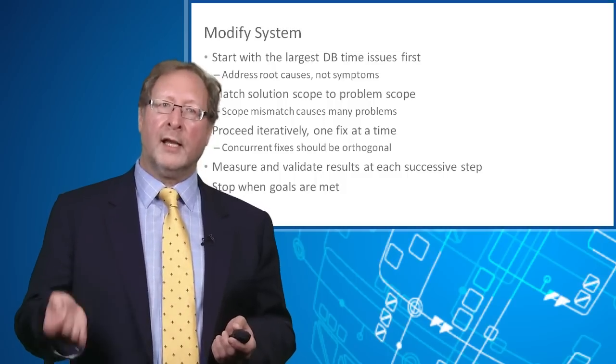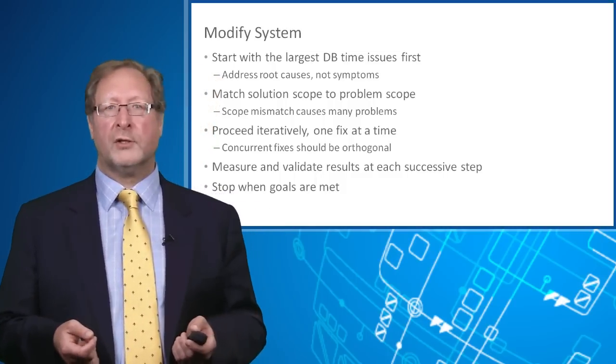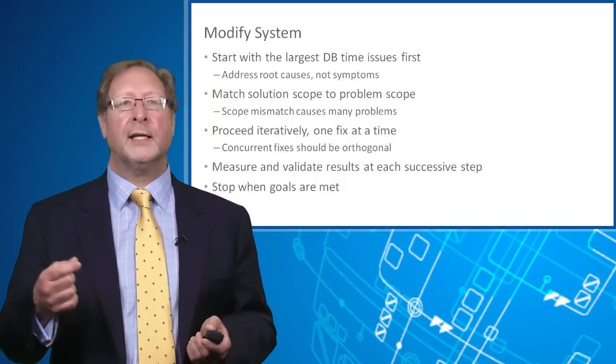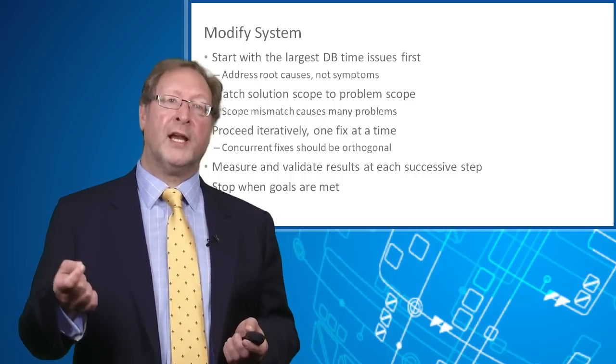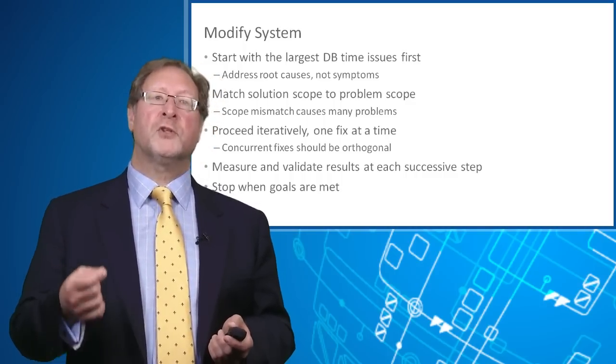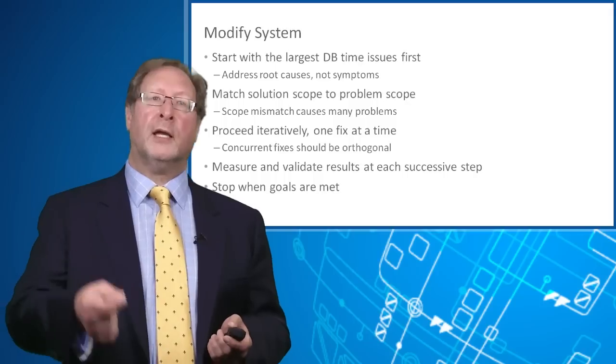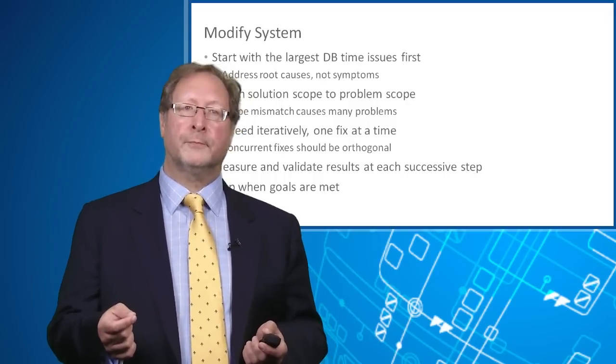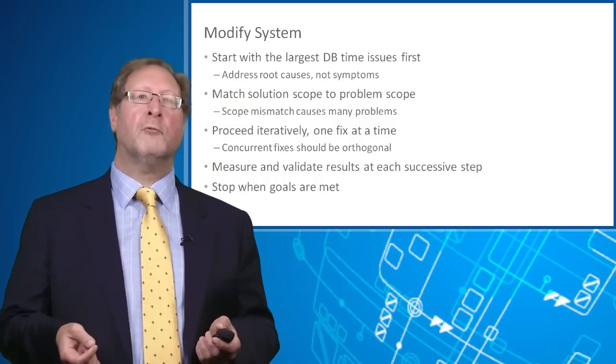A classic example of that is on systems that are CPU bound, we will often see latches and mutexes coming up as the top wait events. Right? Those are symptoms of the fact that we're CPU bound. They're not the root cause. Right? So making sure you're dealing with the root cause.